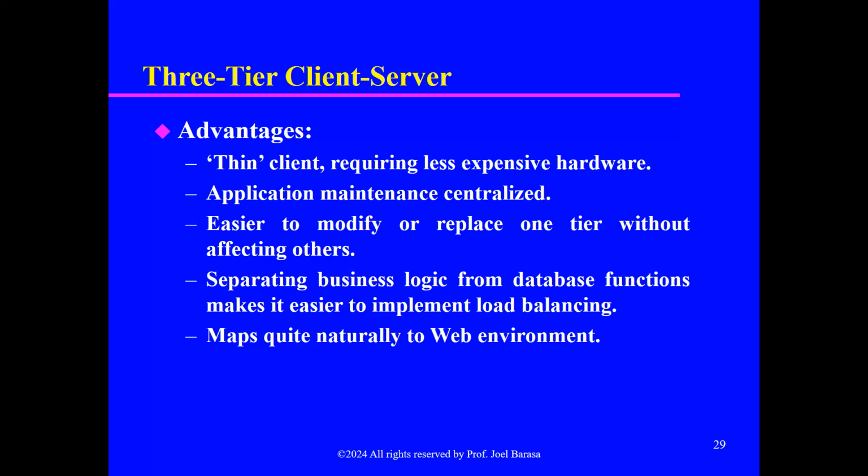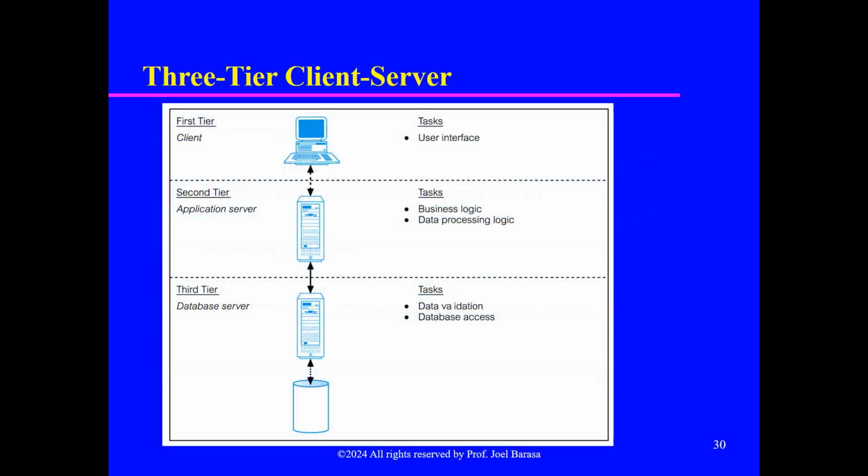They were easier to modify and replace. Separating business logic from database functions was made easier, and also the mapping was quite natural for the web environment. So that's how it used to be: first tier, second tier, and third tier.